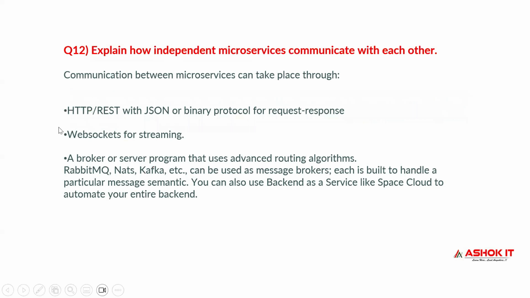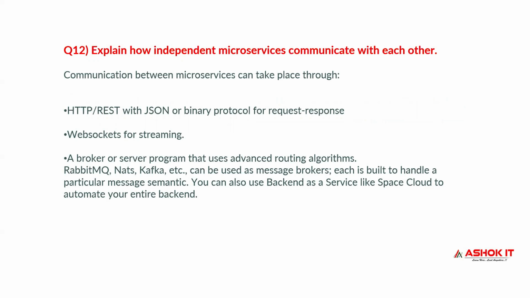The next question is, explain how independent microservices communicate with each other. Communication between microservices can happen through HTTP or REST with JSON, or a binary protocol for request response.